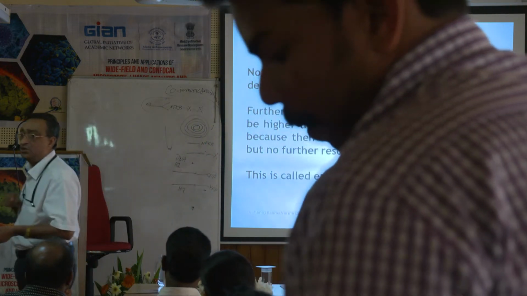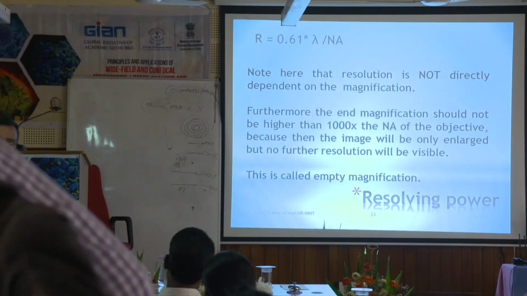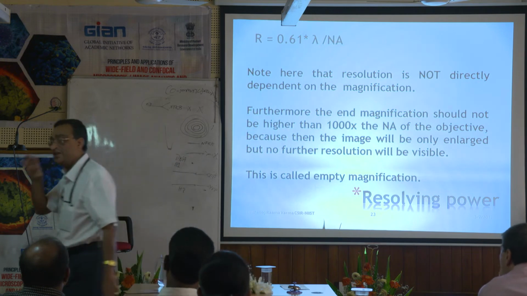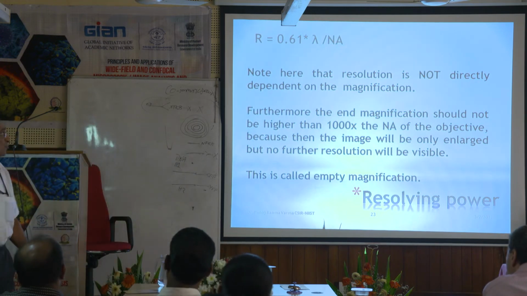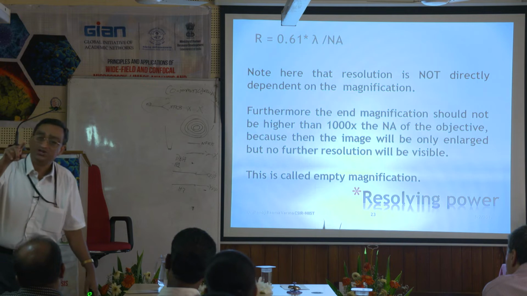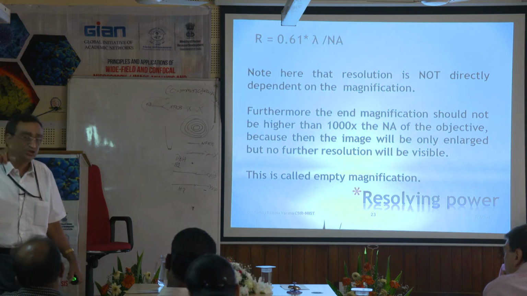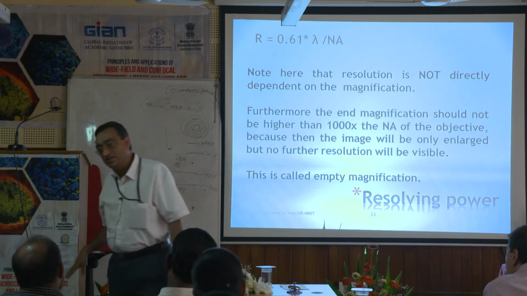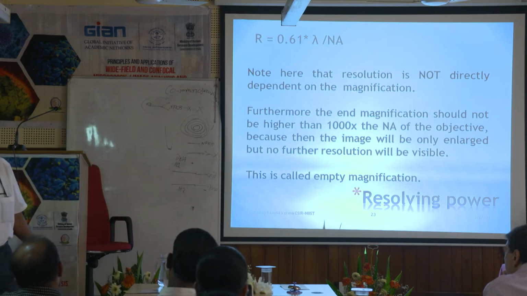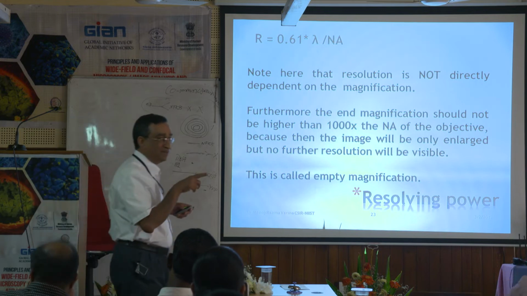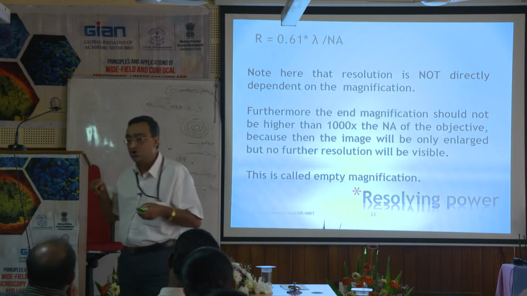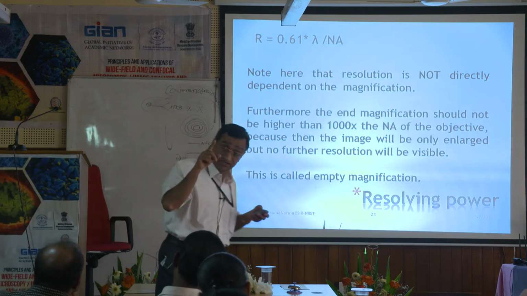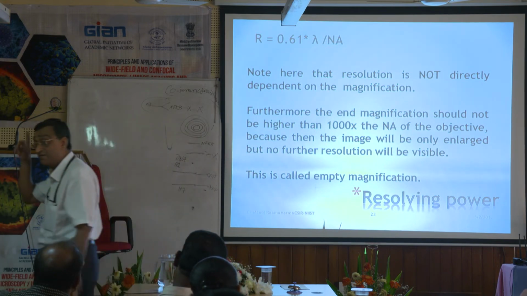As I told you, the maximum resolution possible in an optical microscope is 0.2 micrometers, that is 0.2 times 10 to the power of minus 6 meters. Am I right? What is your eye's resolution? 0.2 millimeters.